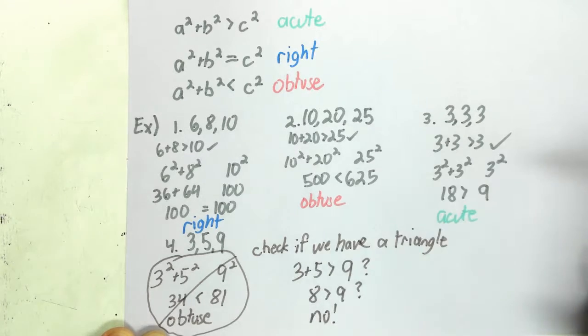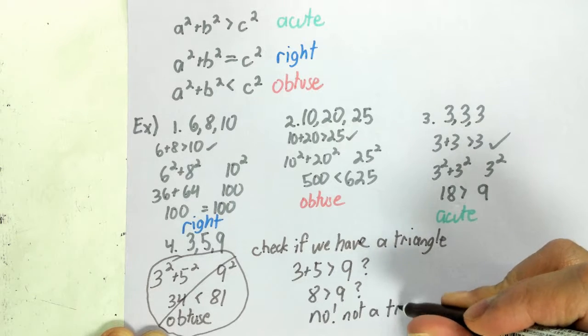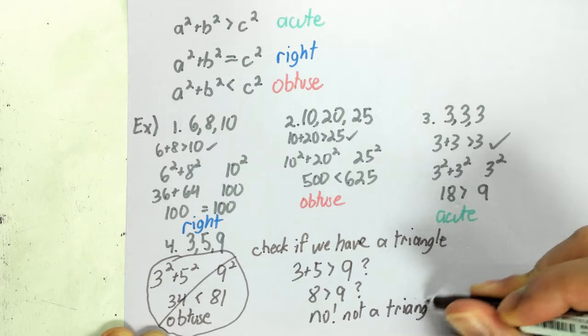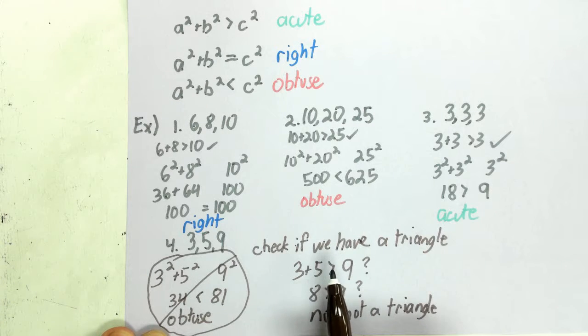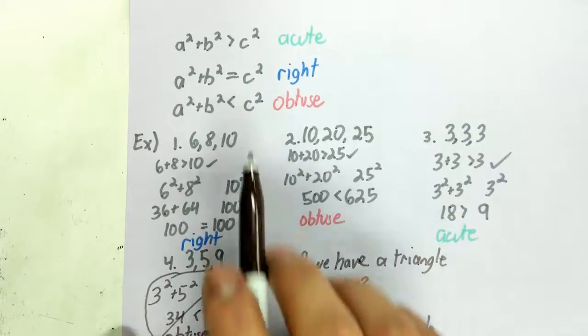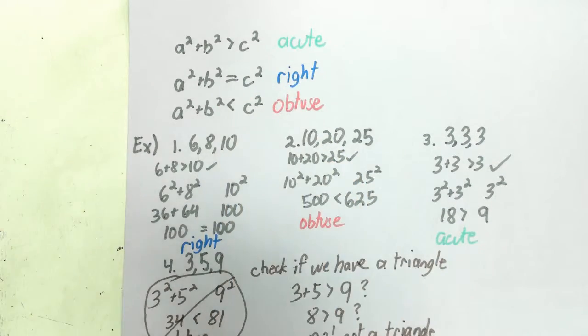No, it's not. So this is not a triangle. So right off the bat, can it be obtuse? If it's not a triangle, then no. So please always check, can you make a triangle first? If we can, then go ahead and check. Do we have an acute triangle, a right triangle, or an obtuse triangle?